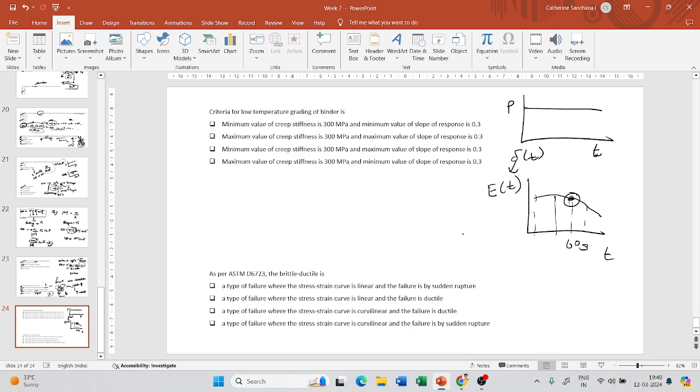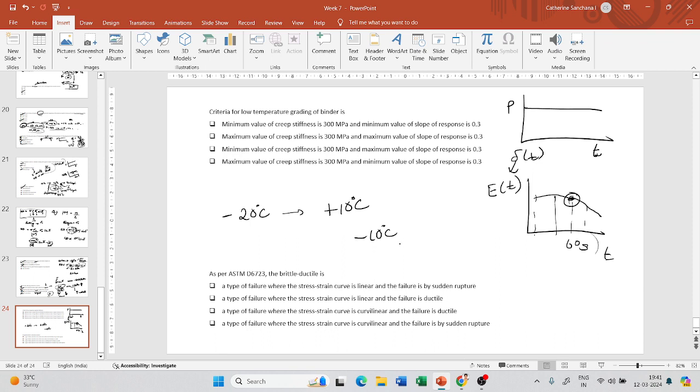Now, sir would have mentioned that if the temperature of the place is say minus 20 degrees Celsius, you will do the testing at a temperature 10 degrees more than this value. So you will do it at minus 10 degrees Celsius. So you will pick a value 10 degrees more than the lowest temperature of the place and test the bitumen at that temperature, and find out the values at 60 seconds.